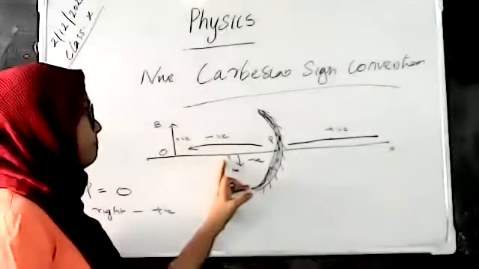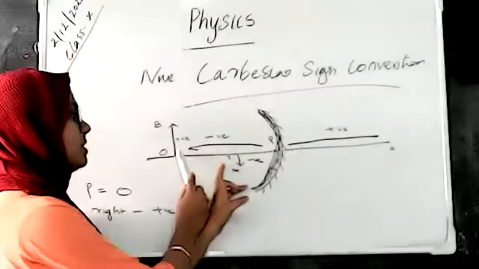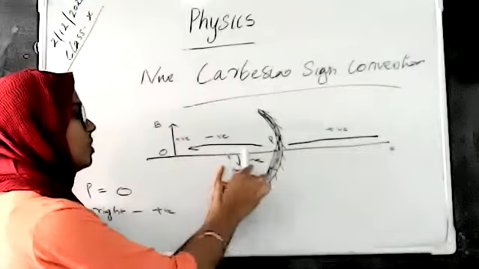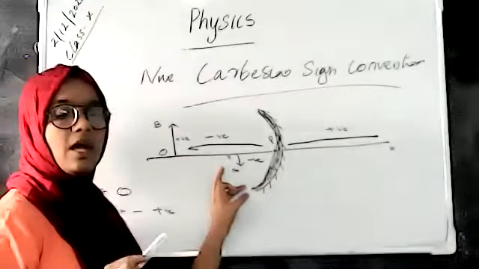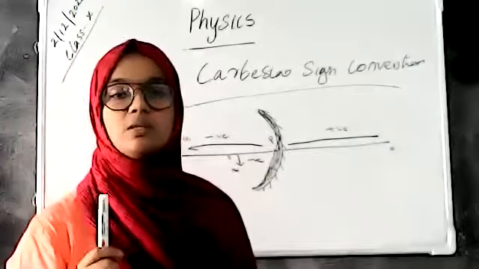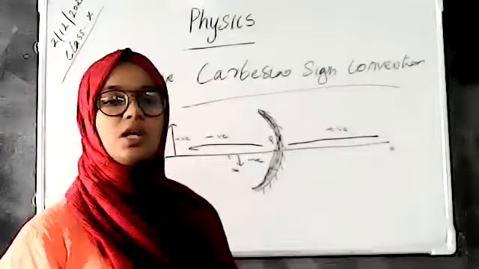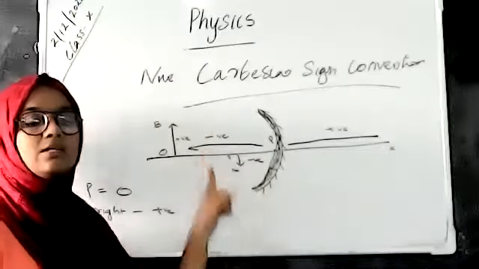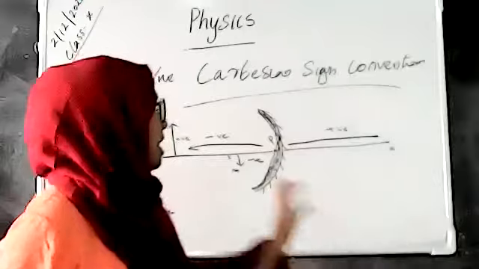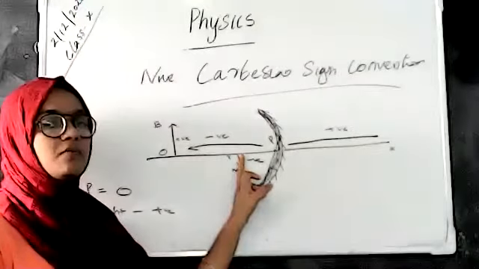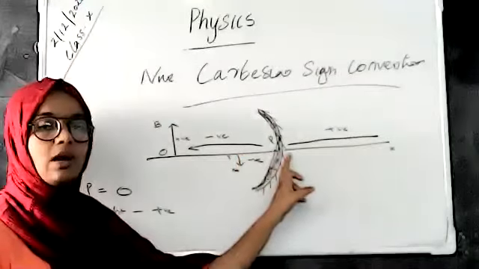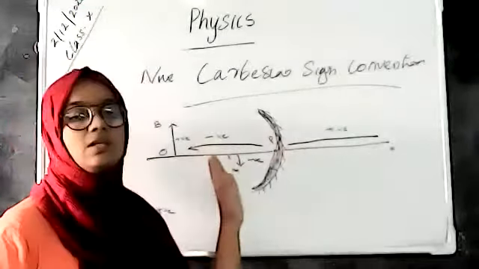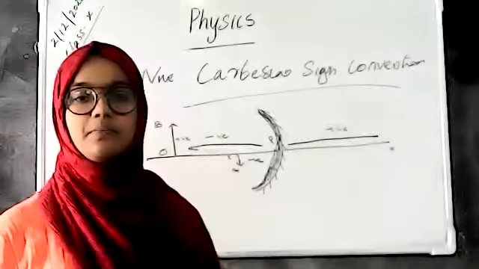From here, we have to find the distance from the object to the mirror by measuring this distance and putting a negative sign with it, because in the New Cartesian sign convention the length to the left is taken as negative, and the distance between the image and the mirror is also taken as negative because the left side of this is taken as negative.